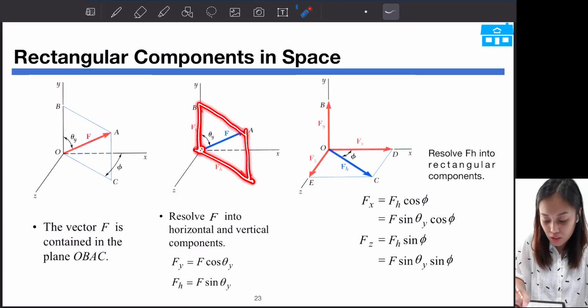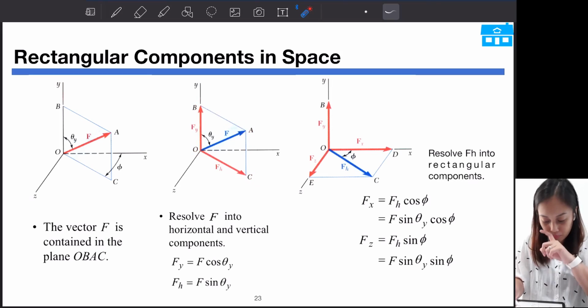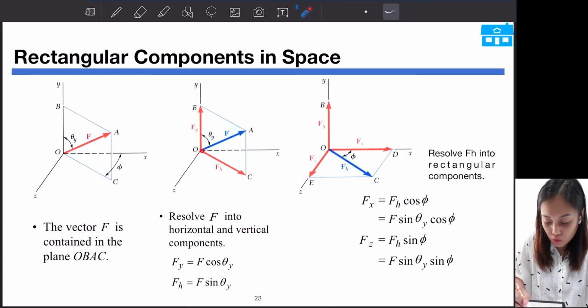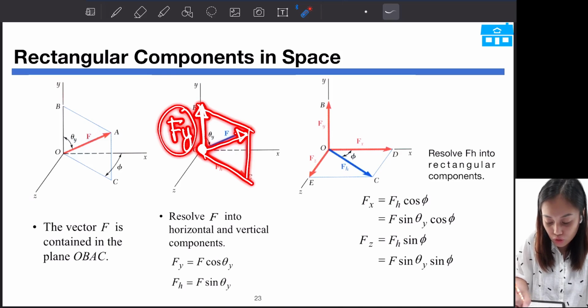In this case, it is within OBAC. If we draw the parallelogram, we can see that the force F has a component along the y-axis. So we can directly get its component along the y-axis.